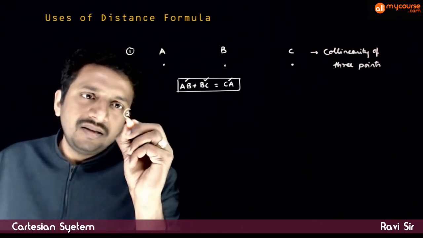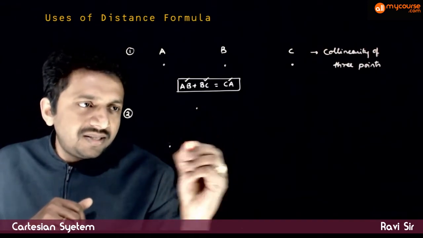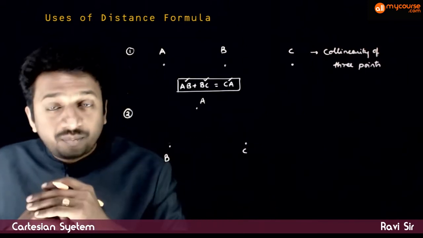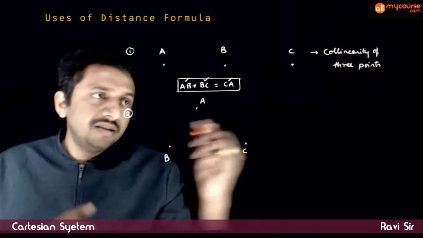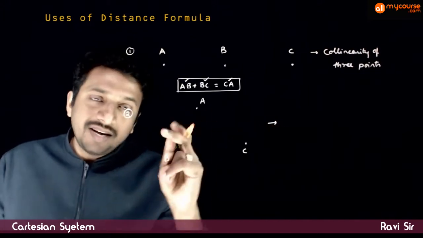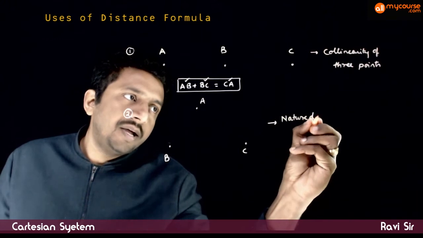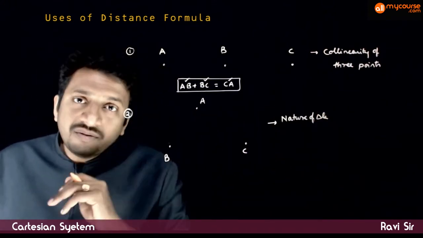The second use is, if the points A, B, C are not collinear, obviously they form a triangle. So you can determine the nature of the triangle. You can determine what kind of triangle ABC forms.